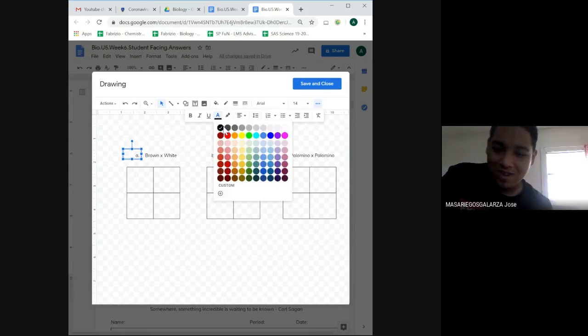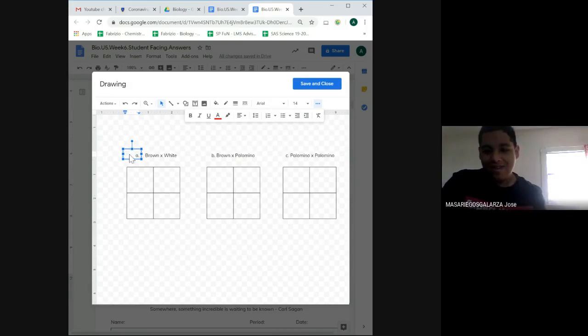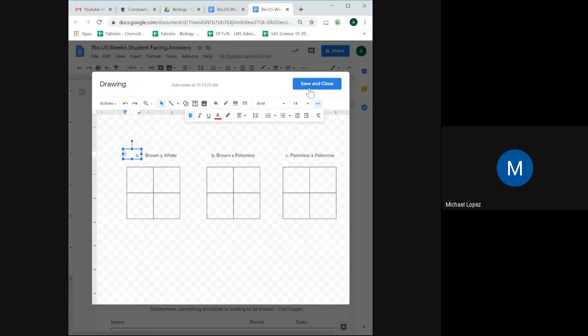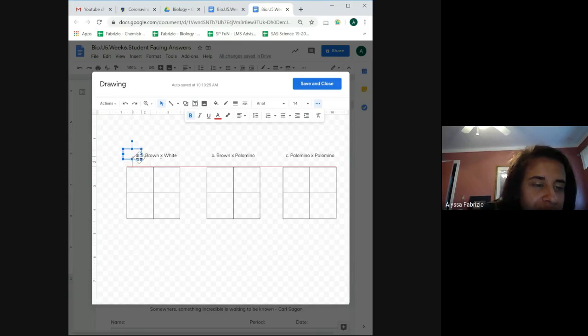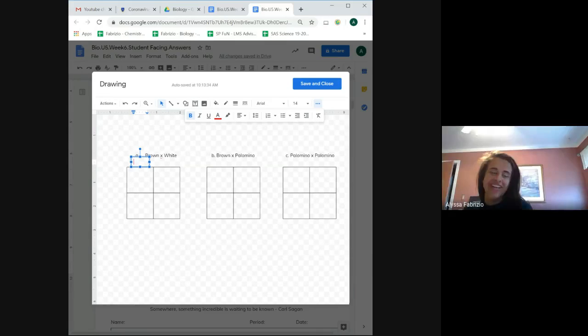Your turn. Hold on, maybe repeat that again. What is the genotype for a brown horse? Let me pull it up. I wasn't actually paying attention.